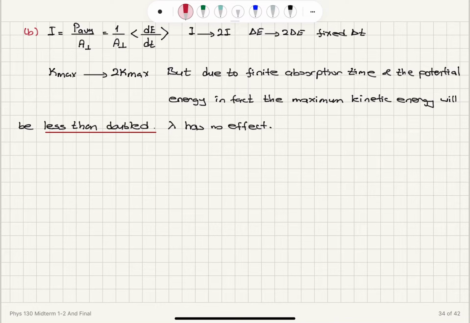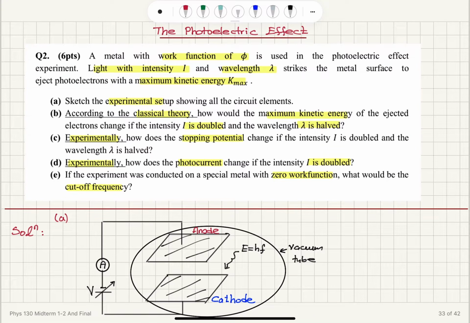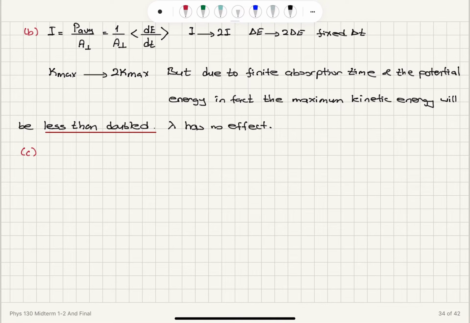Okay, part C. Experimentally, how does the stopping potential change if the intensity is doubled and the wavelength is halved?